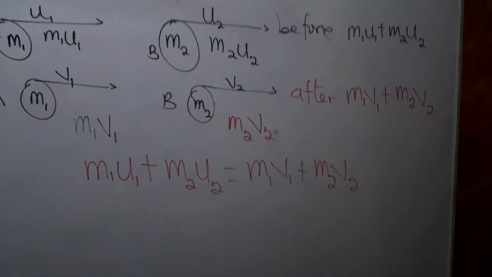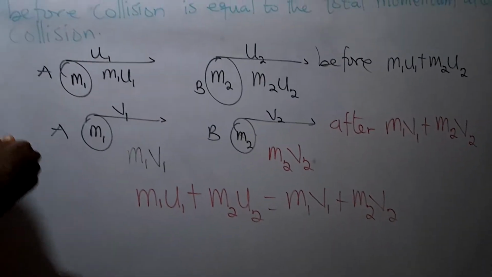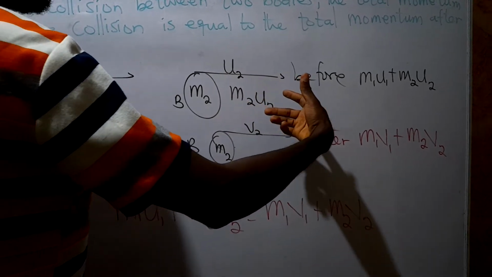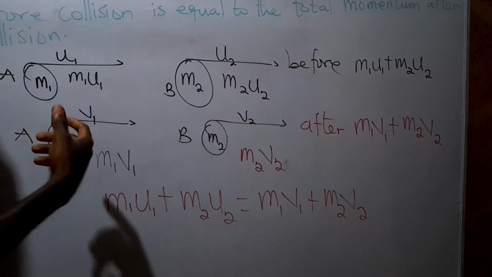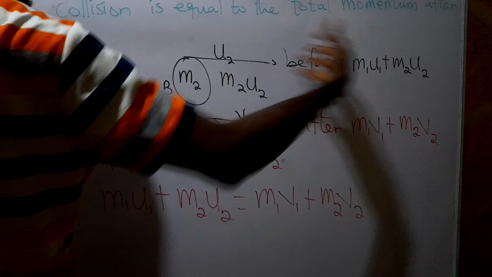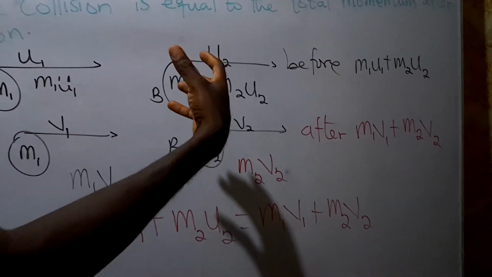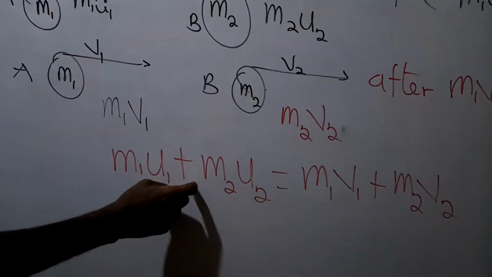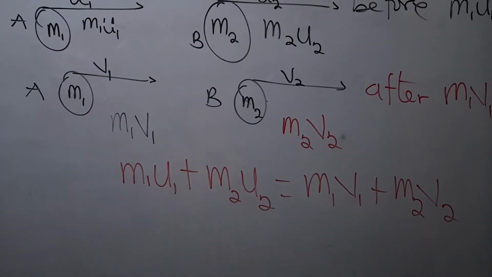Now listen, before collision, these cars might have been moving in opposite directions. Maybe this one is coming from here and this one is coming from the other direction. When they are moving in opposite directions before collision, we negate one of the velocities.